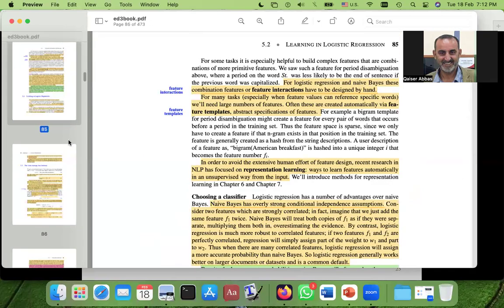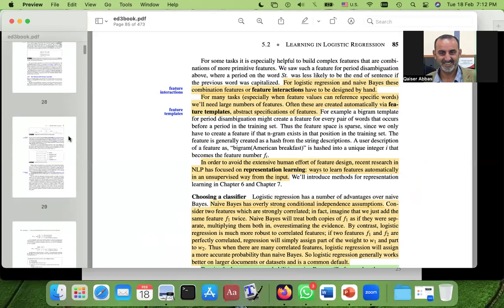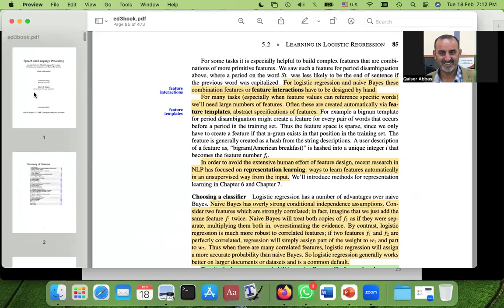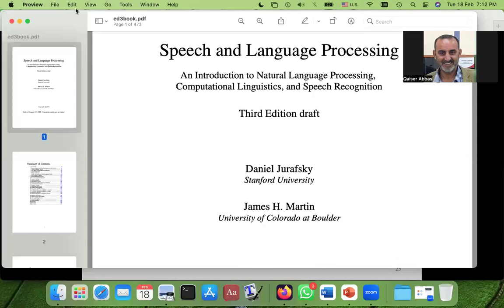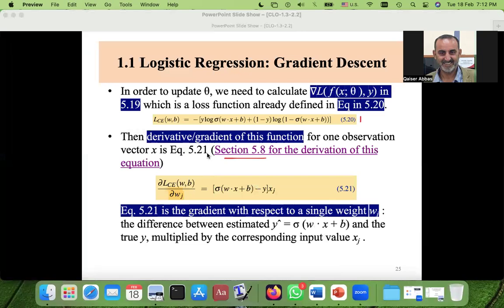Yeah, this is Speech and Language Processing, by Daniel Jurafsky. When you apply the derivative here, then you will get this final answer, from this equation 5.20.